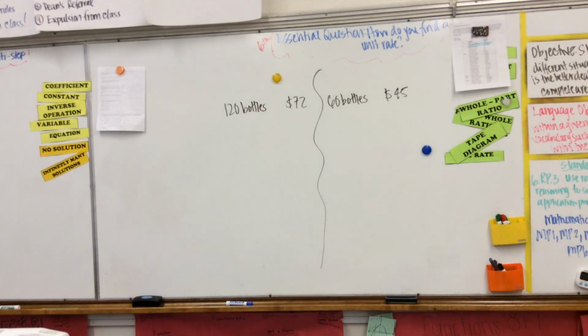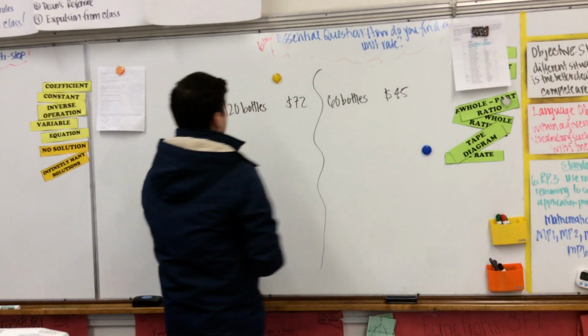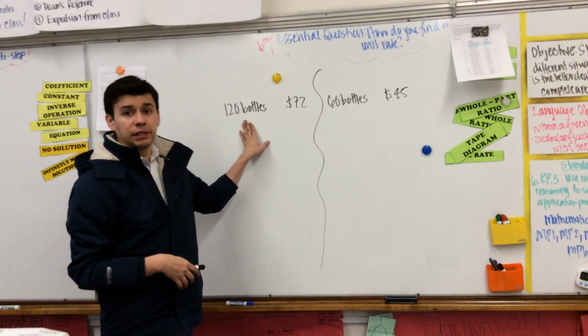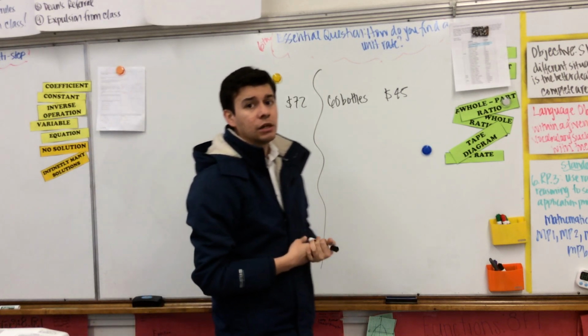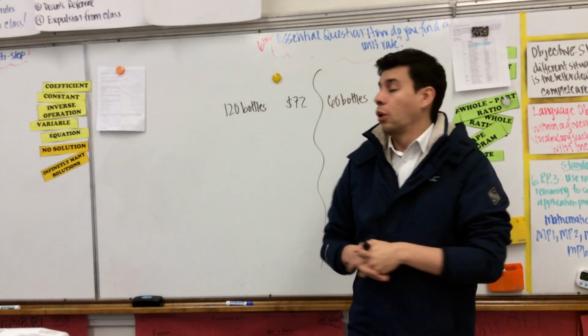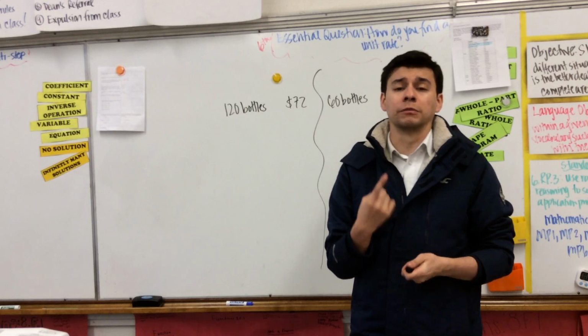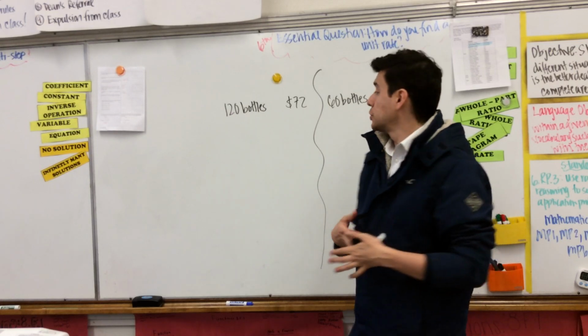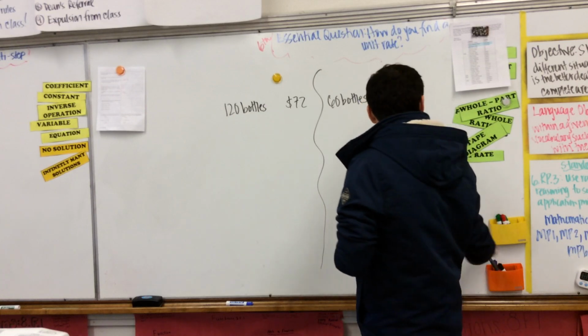Now, a lot of students don't really understand that this deals with unit rate. A lot of students were like, well, duh, this one's a better deal because obviously you get more water bottles. Well, not really. The better deal is, how much would you pay for only one water bottle? Okay? How much do you have to pay for only one thing? So in a way, we are looking for a unit rate.